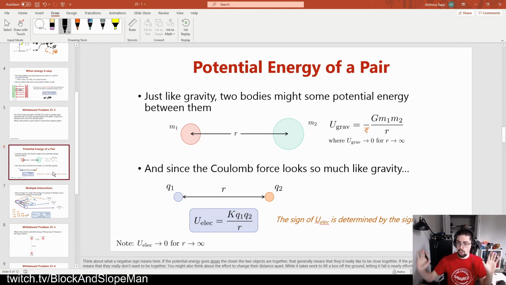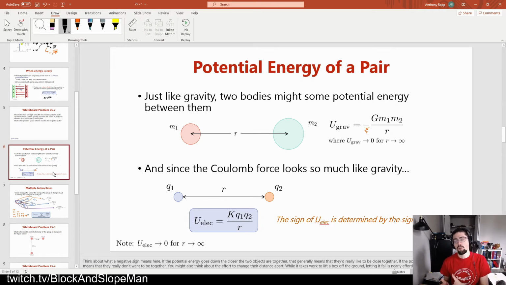But as I bring them closer together, in gravity's case, that potential energy gets more and more and more negative. But remember, values for potential energy are kind of arbitrary. It's more about the change than anything else. But in doing that, we need to think about what it actually means that it's a negative value getting more negative as they get closer together.